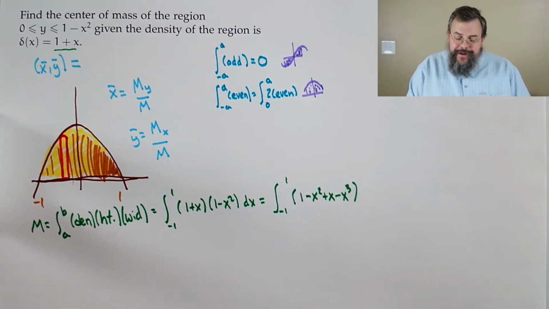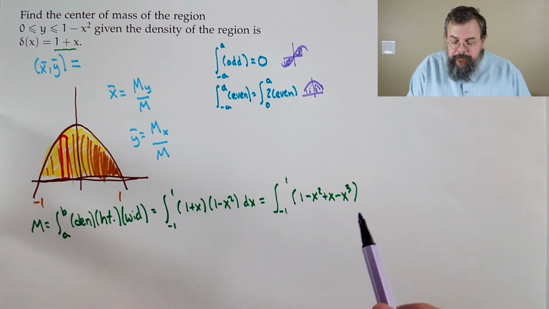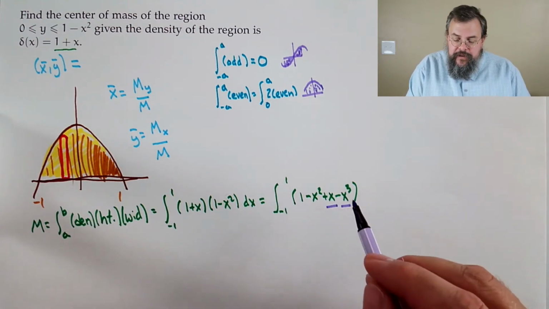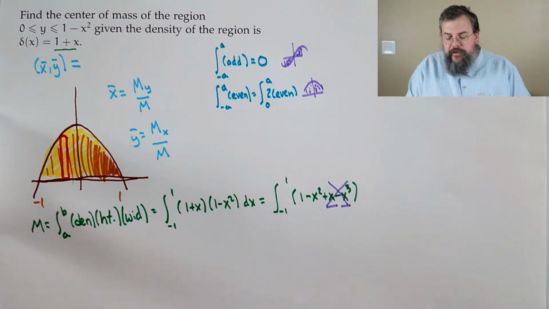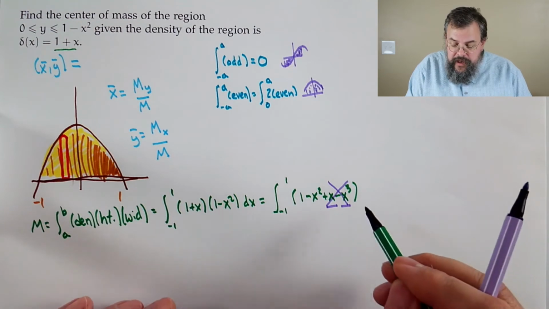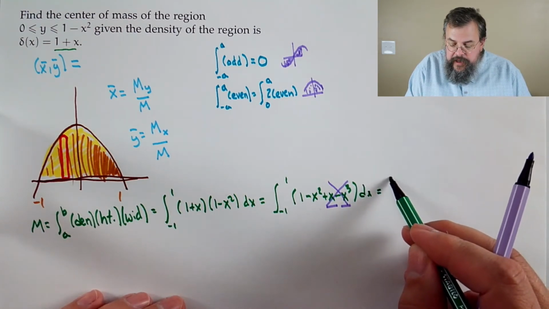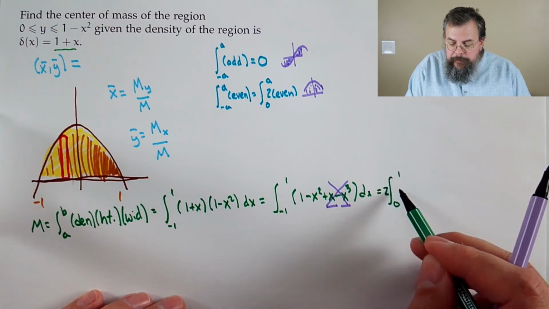How do we use this? Well, notice our bounds, negative a to a, negative 1 to 1. The x and the x cubed are both odd, so when we carry out the integral all the way, they're going to go to 0. So I'm just going to ignore them. The other parts are even, so I just need to go from 0 to 1 and double them.